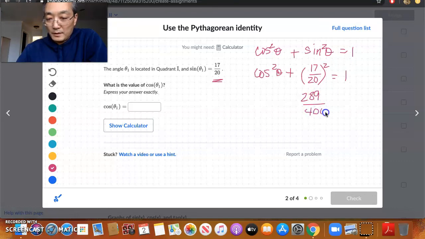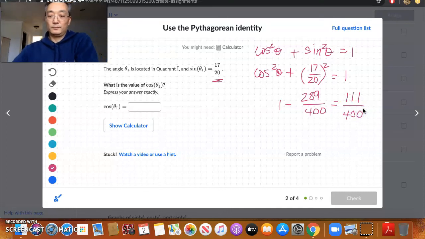So 1 minus that gives me what? 1 minus this is 111, correct? Yep, so over 400. Hold on, is that correct? Yep, that is correct.